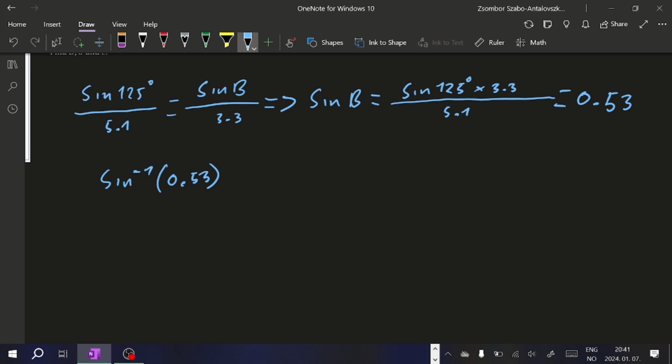If you do this calculation in your calculator, it's going to give you 32 degrees. So that's B.